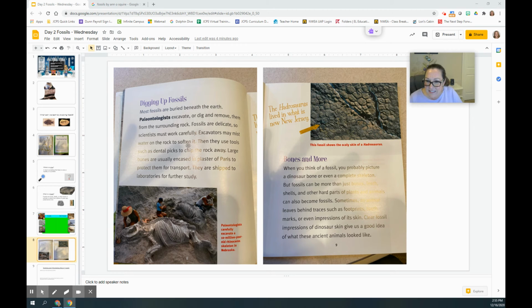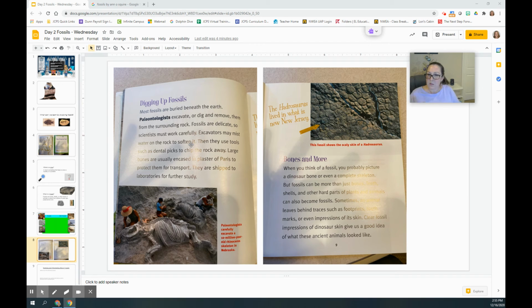Well, it says, sometimes they mist the water to soften it on the rock, but they use tools such as a dental pick and they chip the rock away. Okay, so we're talking about a delicate fossil that breaks easily. Surrounding rock, that's all that rock around the fossil. And we need a careful excavator, a person who can carefully get that fossil out of the rock.